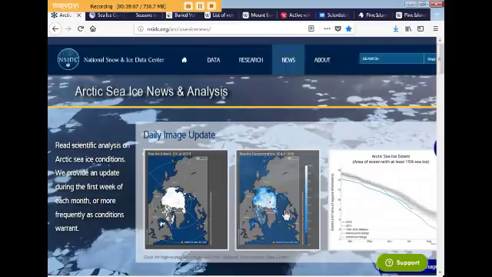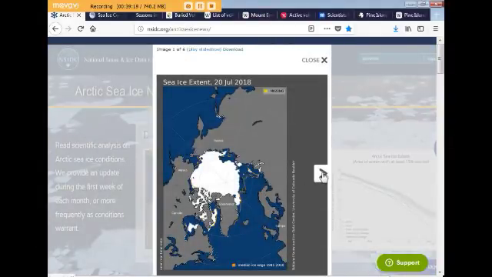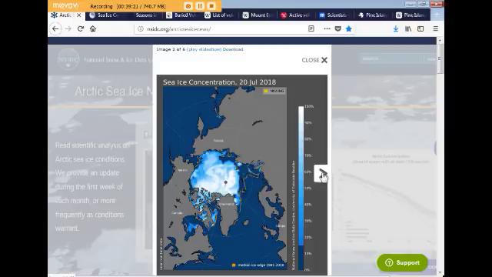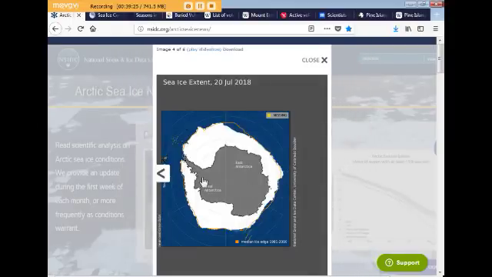And I'll go ahead and show. Now this is from Arctic Sea Ice News and Analysis. We've seen this website before. This is from yesterday. This is the Arctic, but if you keep clicking, you'll see the Antarctic. And this is the extent of where it is right now.